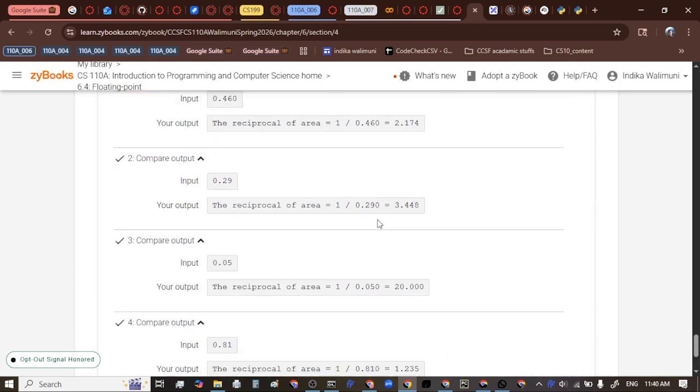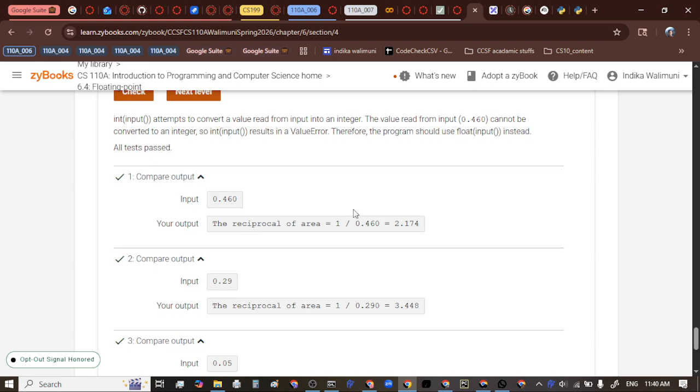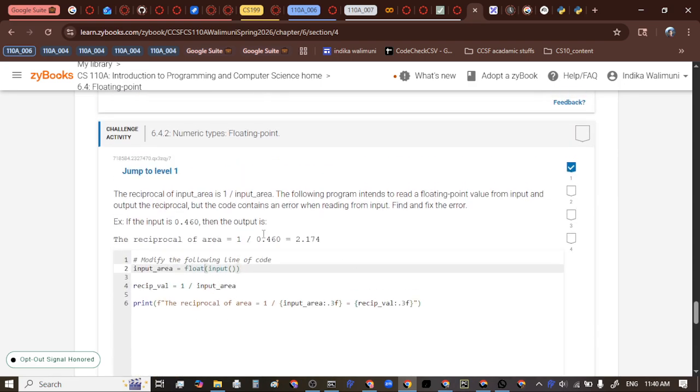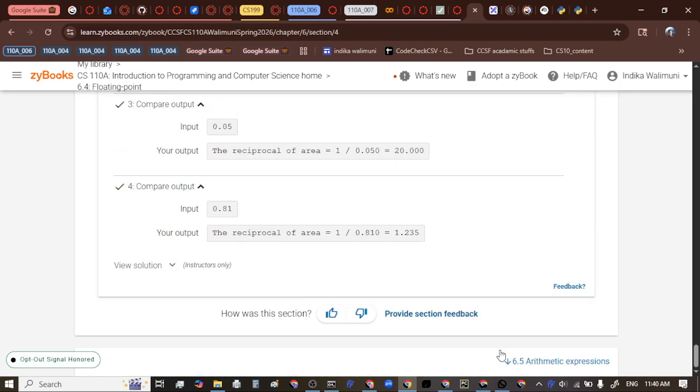All right, there you go. The reason is the value is less than 1, so we cannot pass that from the keyboard and ask it to make it an int value.